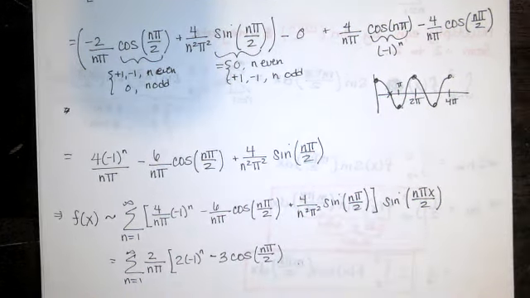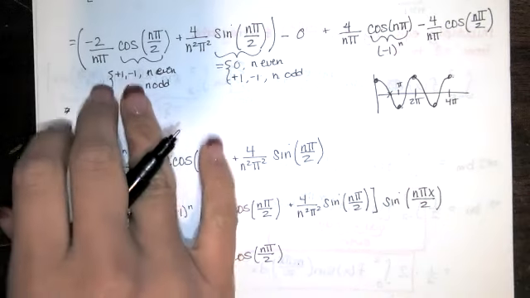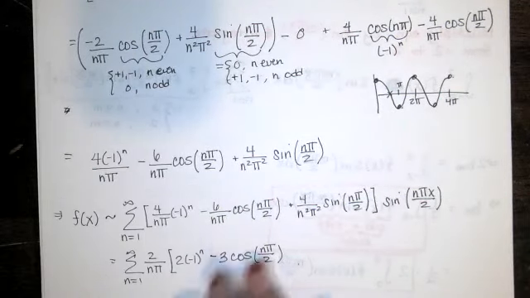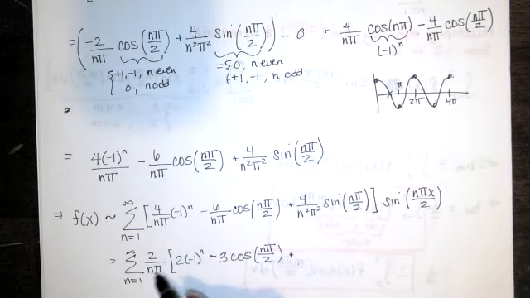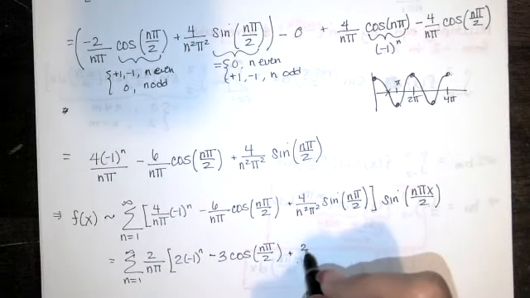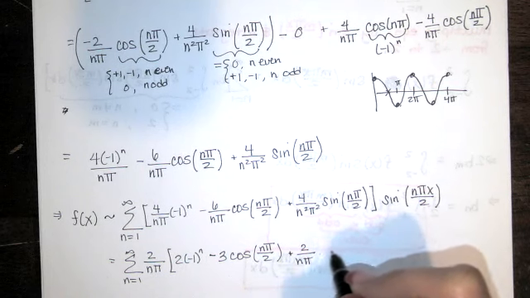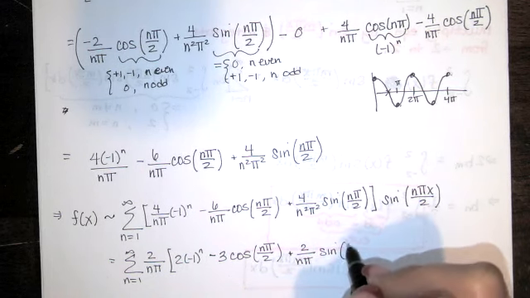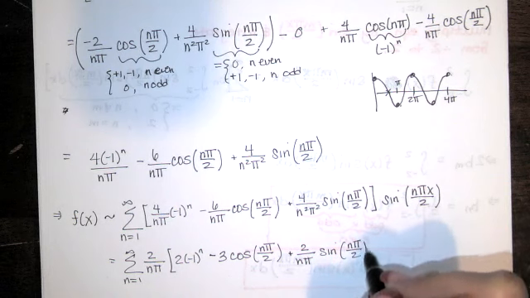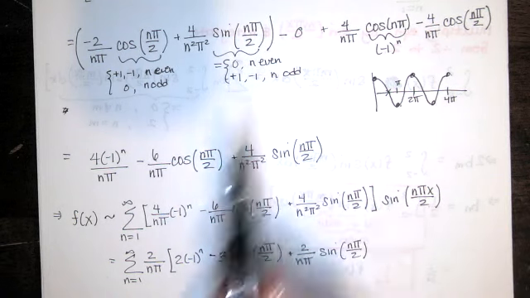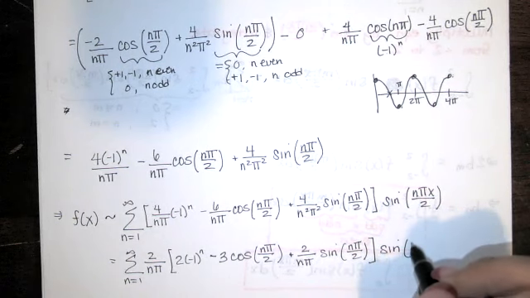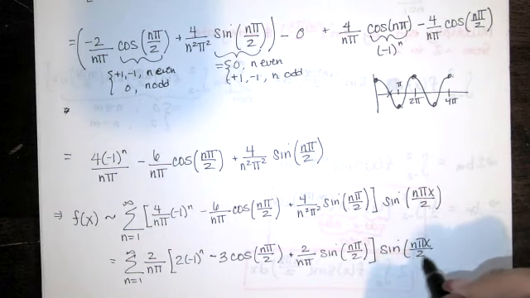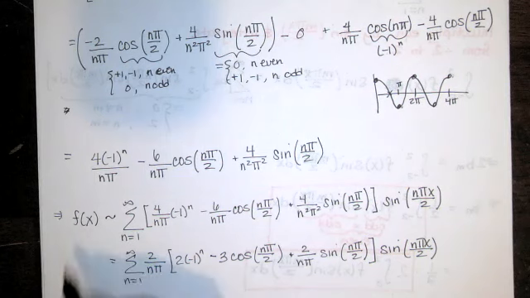And it's not actually a function, that's just a number that's either 1, negative 1, or 0. And then over here, if we took out 2 over n pi, we'd still have a 2 over n pi left times these sine expressions, which also are either 0, 1, or negative 1. Okay, and that's the sine series for this function f.